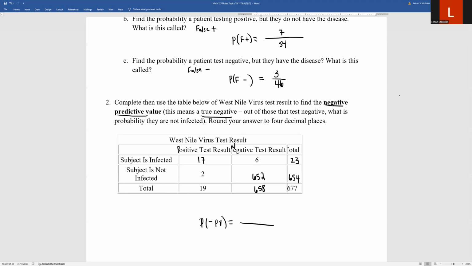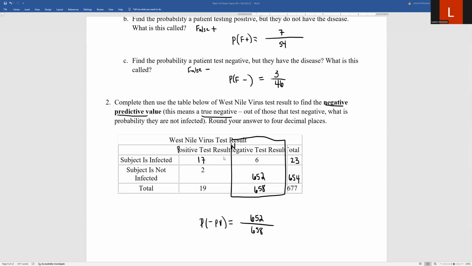We still only focus on just negative results. So there's 658 of those. And we're focusing on the people who got the right result. So they were told, you are not sick. That's what a negative test result is. And they actually don't have West Nile virus. Those are in agreement with each other. So these are people where the true status of their body matched with the test that they took.